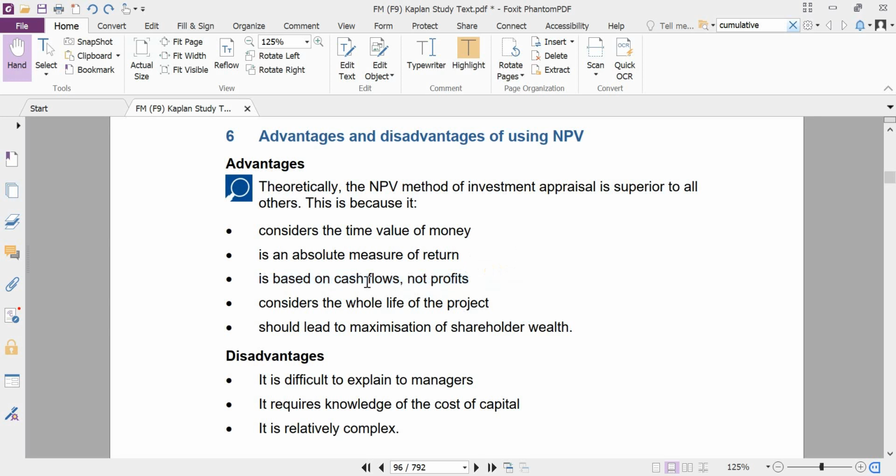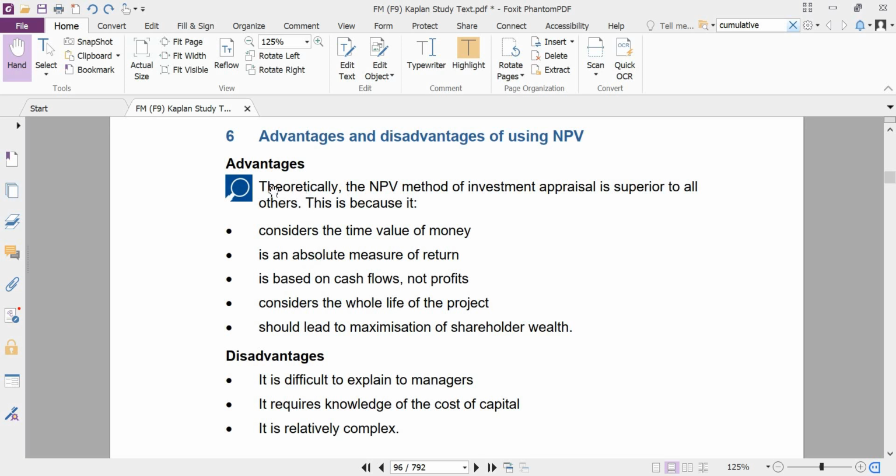Again, it is based on cash flows, not on profits, which is a better strategy. We have already discussed these things during our previous lectures. Then it's an absolute measure of return, and it considers the time value of money, so it's the better approach.